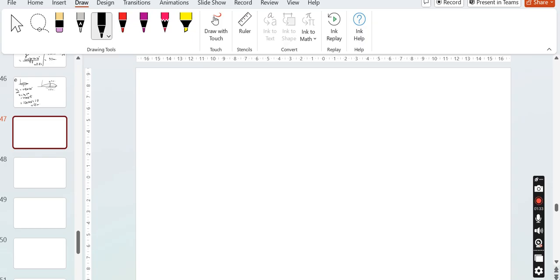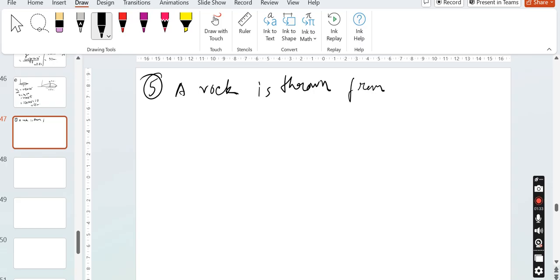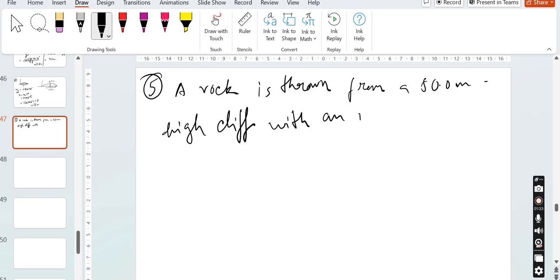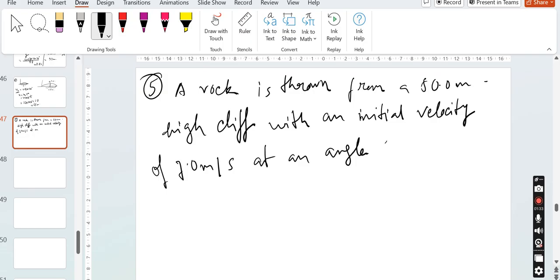Now, a few complicated questions. That is, a rock is thrown from a high cliff with an initial velocity of 7 meter per second at an angle of 53.0 degrees above the horizontal.